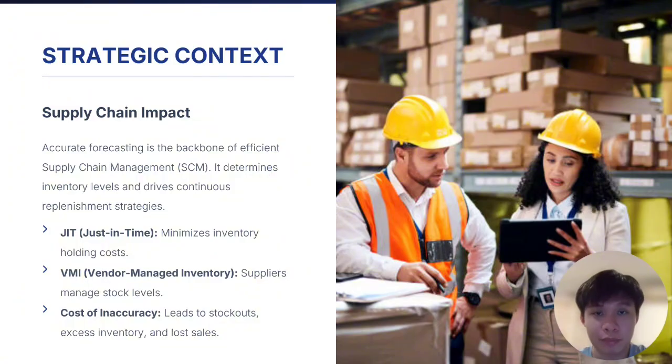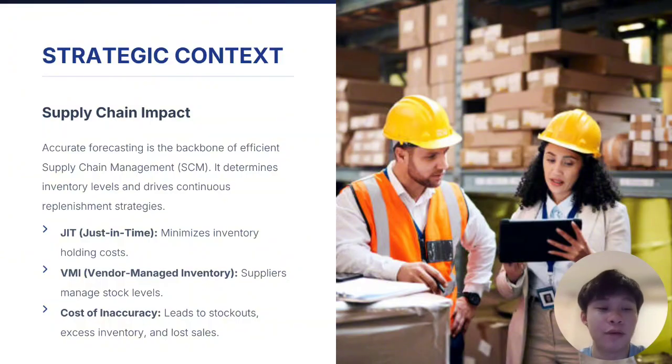In just in time, the advantage is to minimize inventory holding costs. This is because the manufacturer only receives the raw materials at the moment they want to produce or manufacture the products in the factory.